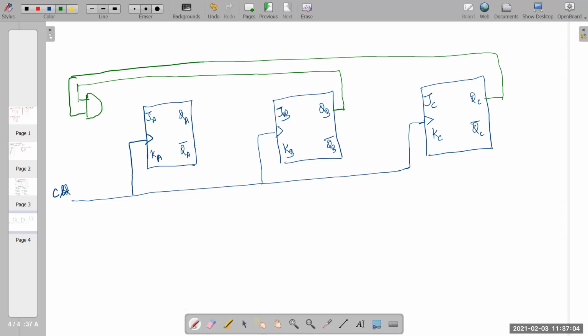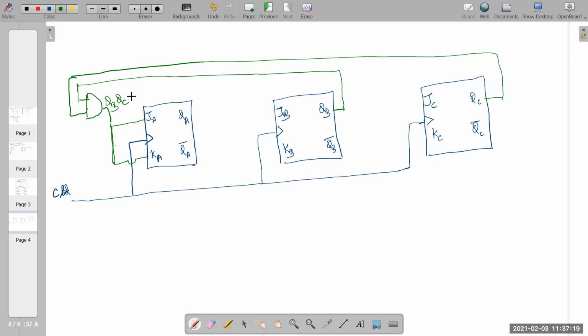I'm taking QB and QC, doing the AND operation, and connecting to JA as well as KA. So this is my QB into QC.